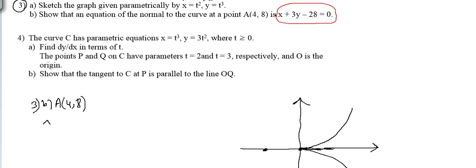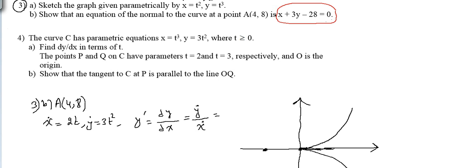For y prime, we should have x dot and y dot. x dot is 2t, y dot is 3t squared. This means y prime, the slope of the tangent, is dy over dx, which is equal to y dot over x dot, and the answer will be 3t squared over 2t, so it is 3t over 2.